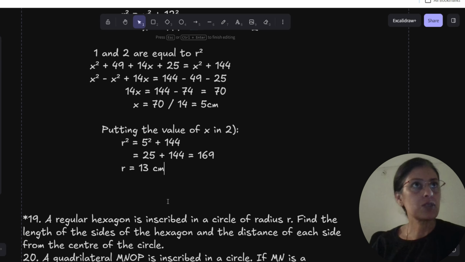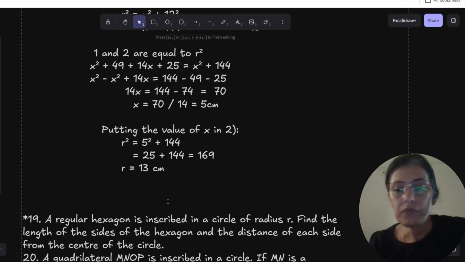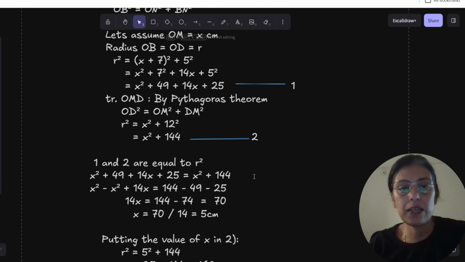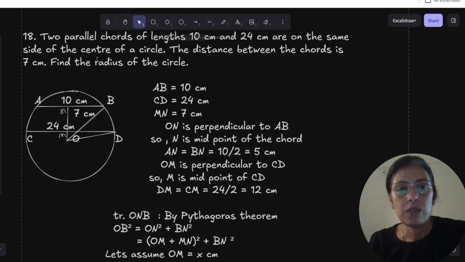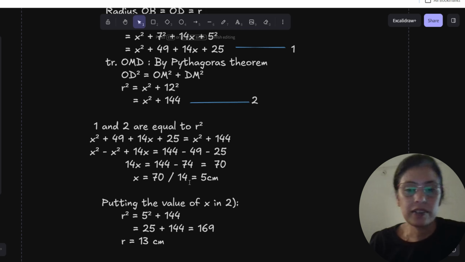Then I think there is one with 8, 15, 17 also. Something of that sort is also there. Okay, so this has given us the answer. Radius is 13 centimeter. Find the radius of the circle. So with that, we are done with this question number 18.